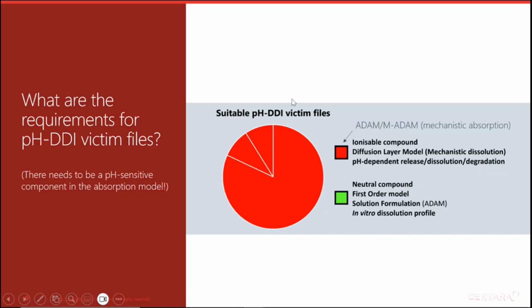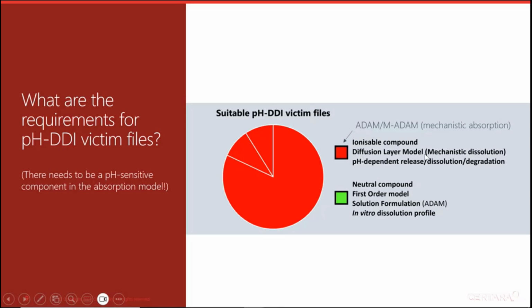So here I've just made a mock-up pie chart to show that in order for a file to be suitable to be used as a victim file, the minimum requirement is that it needs to have mechanistic absorption selected, so either your ADAM or AMADAM model. And there needs to be a pH-sensitive component, and that's often in the form of a diffusion layer model being utilized.